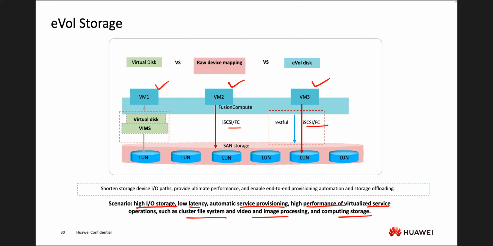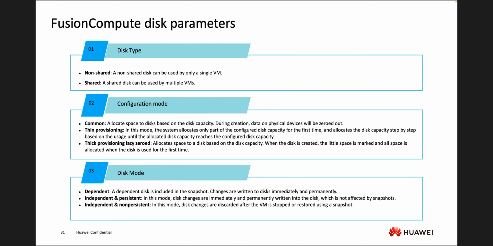Right. And so that is a way of giving you the difference between virtualization as well as raw device mapping. In many cases, it depends on how you use it. So with regards to different disk types, if you look at FusionCompute disk parameters, you have a normal disk type, which could be non-shared, used by only one VM, like the VMDK you saw earlier, or a qcow file, those are the disk files.